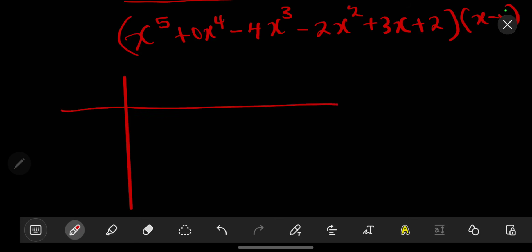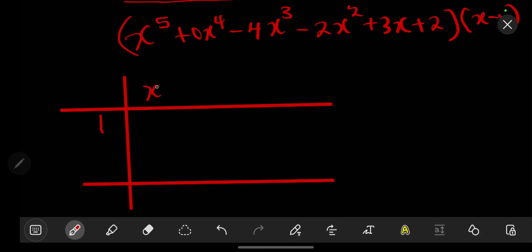So we have our x. Now we are starting at 5: x to the power 4, x to the power 3, x to the power 2, x to the power 1, and x to the power 0. This means that we have a positive 1 as our coefficient for that one.